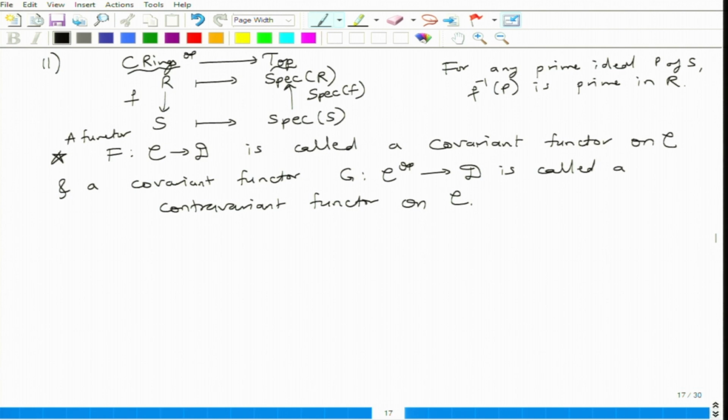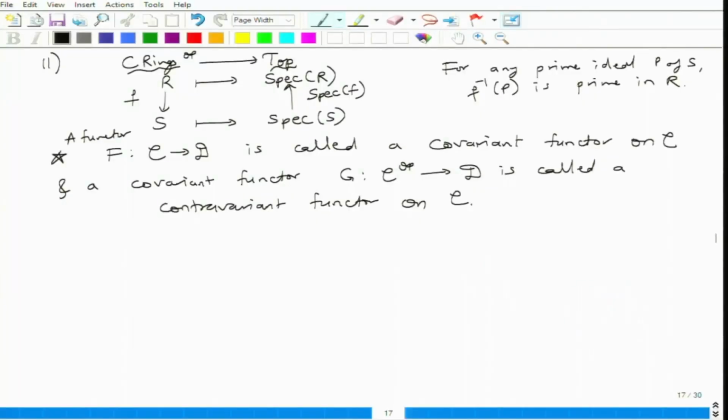So normally we will try to avoid talking about it by specifying the domain and codomain categories, but this is the standard practice. Standard practice says that I will give you a contravariant functor on the category of sets, which means I am giving you a functor from Sets op to something else. So that you have to always remember.